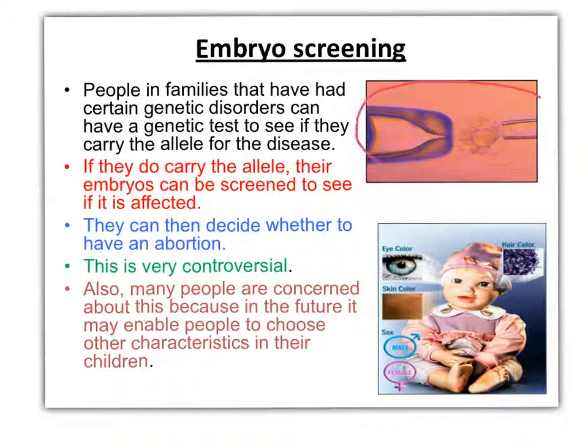To start with, you can have IVF, so you can create embryos in a test tube, and then you can test one of the cells from these embryos to see whether or not they have the disease before deciding whether to implant the embryos back into the uterus. Obviously, if the embryo does have the disease, it would be discarded.